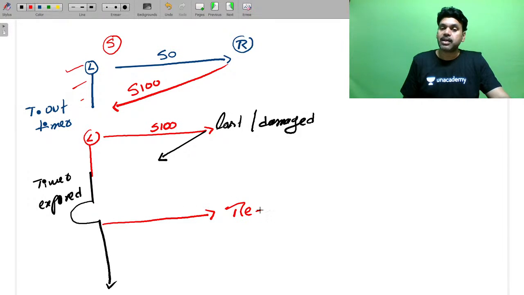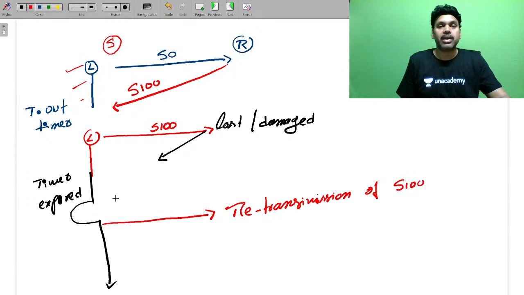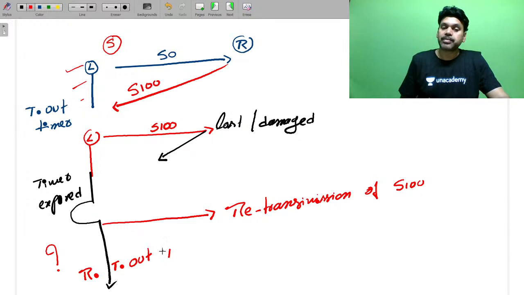So here I performed retransmission of segment S100. Now how much time should this timeout be? This is our task. What value are you going to fix for your retransmission timeout timer?